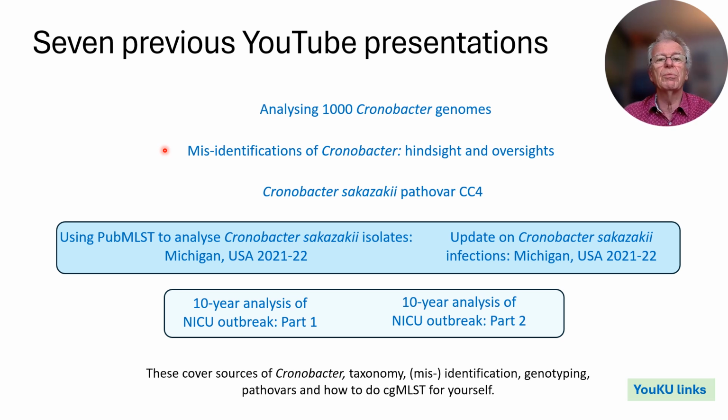I think that's very important for people who are relatively new to the topic to just pause, watch that video so you understand which papers in the past may not be as reliable as they may first seem. Also be aware that there are different pathovars, and clonal complex 4 is the one which can be associated very much with infant or neonatal meningitis.